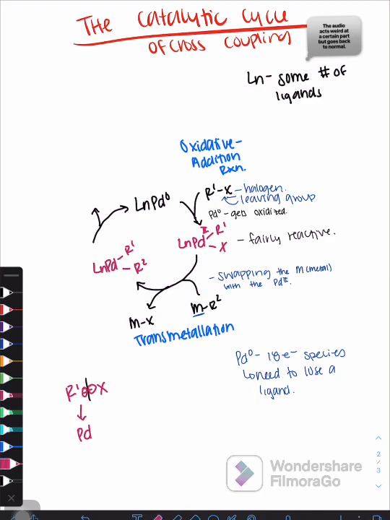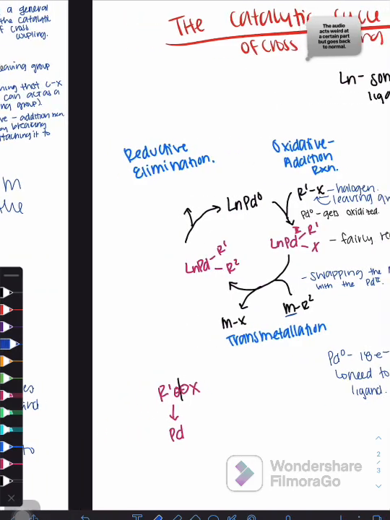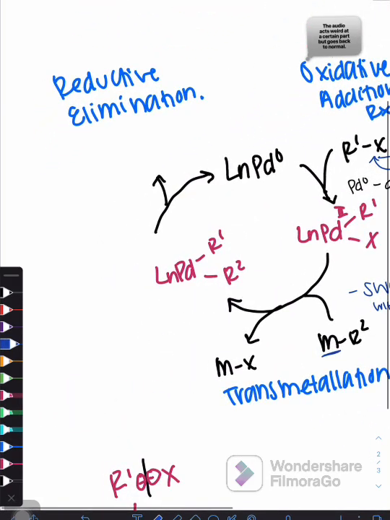And then our next thing is the reductive elimination. So palladium 2, in this case, gets reduced to palladium 0 because we want to come back to this.